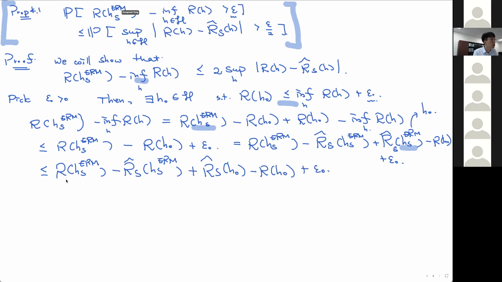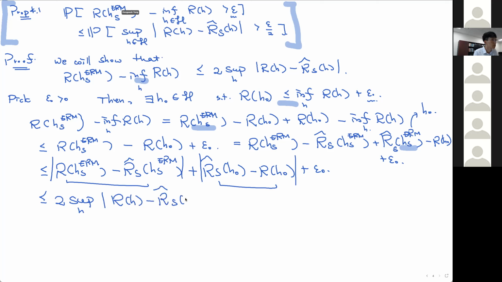Then by replacing these two guys by the absolute value will only increase the values. Then if we take the supremum over all H, that will bound each of them. Plus epsilon 0.